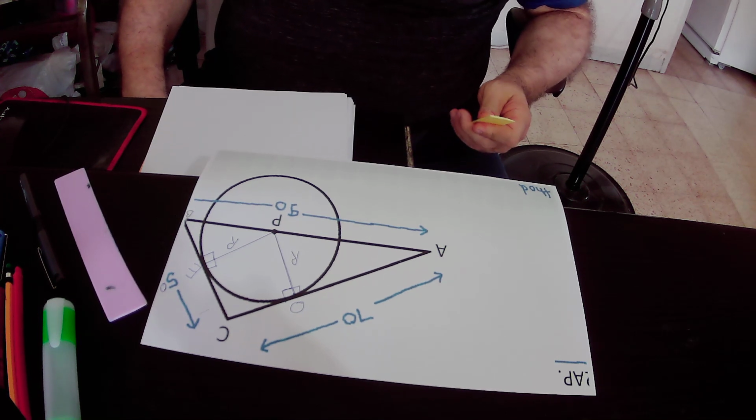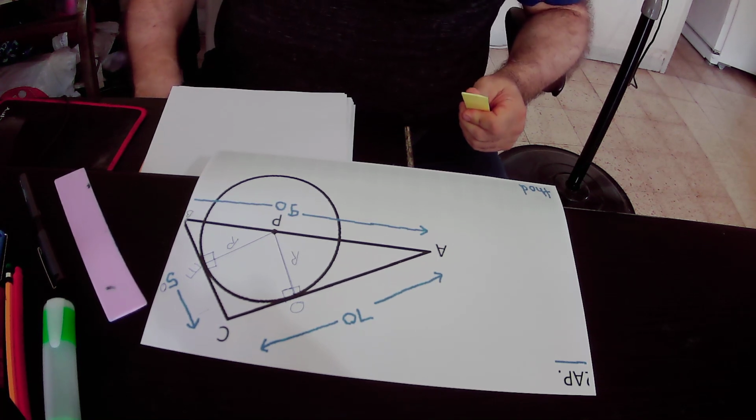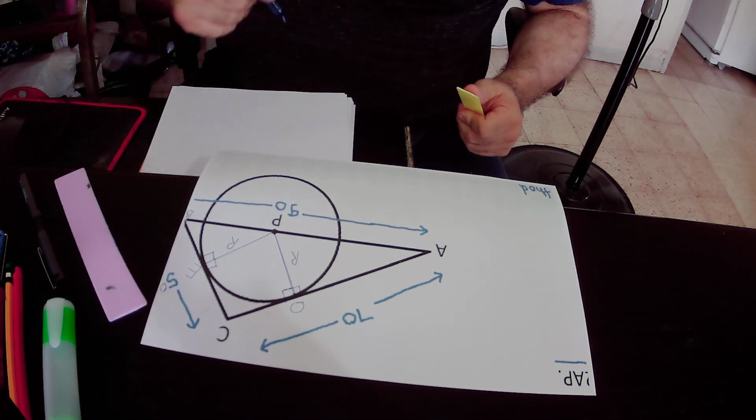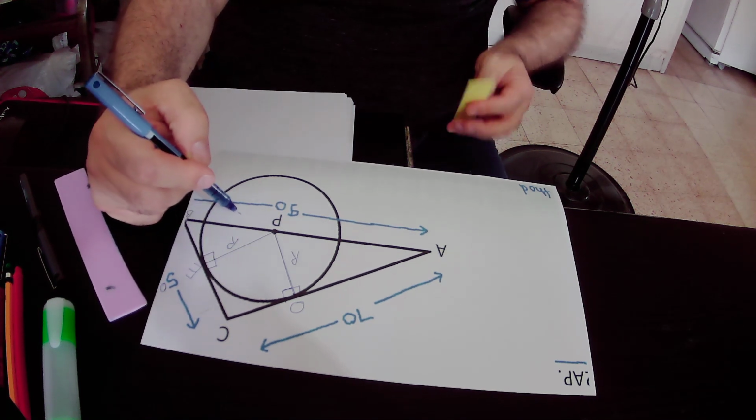Okay. In the next step, we will create a perpendicular from point C to AB.